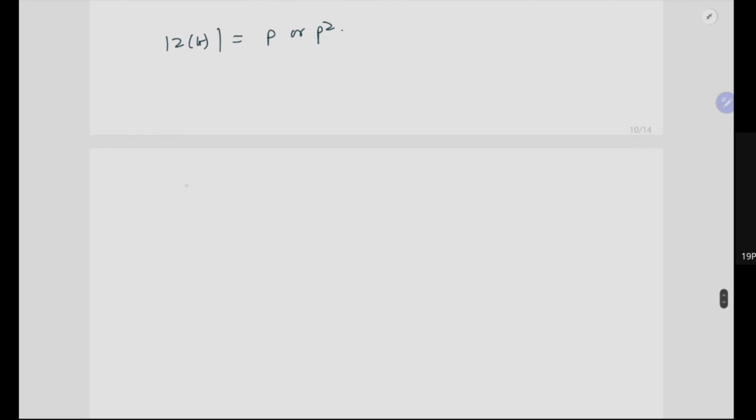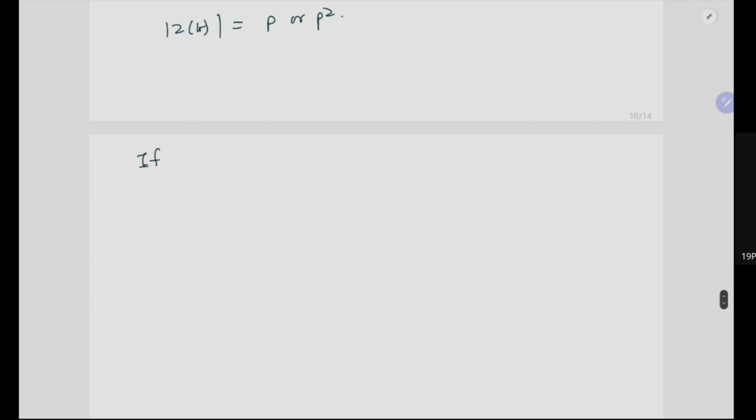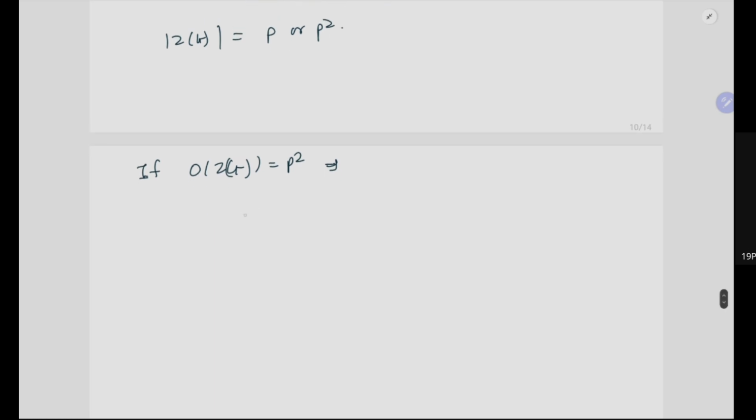So let us start. If the order of Z(G) is P square, then what will be the possible quotient group?